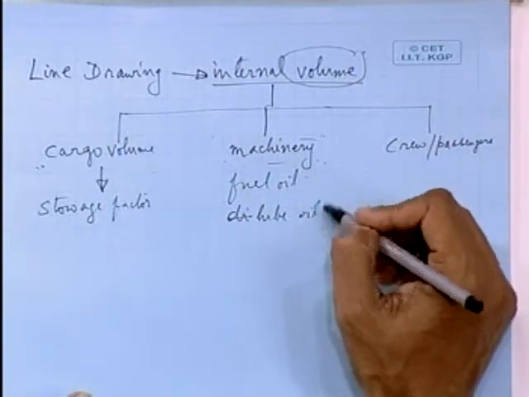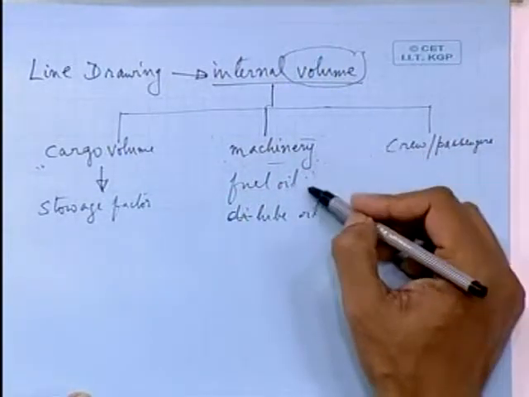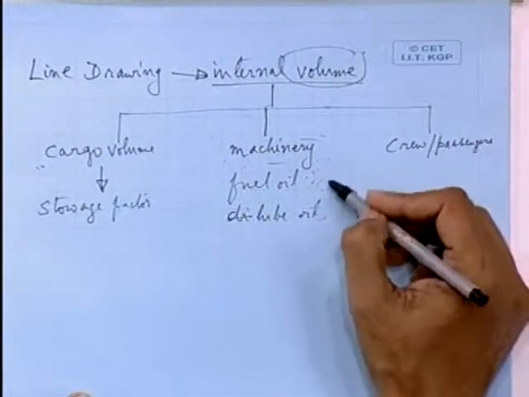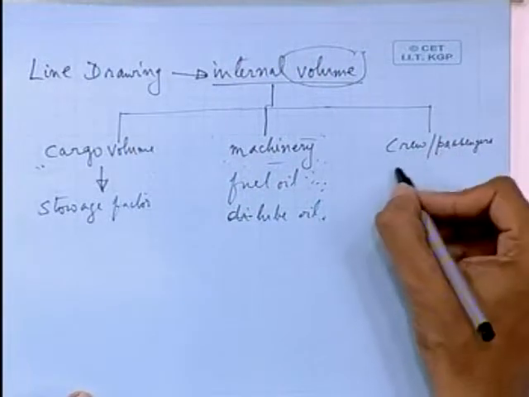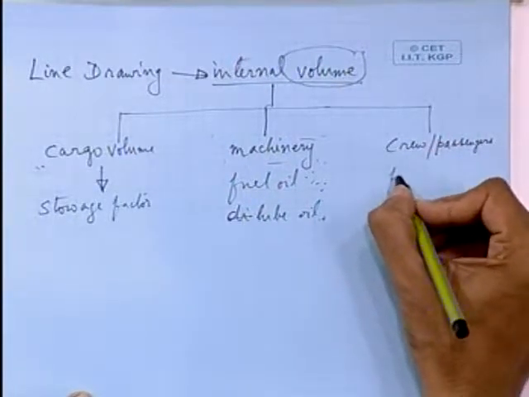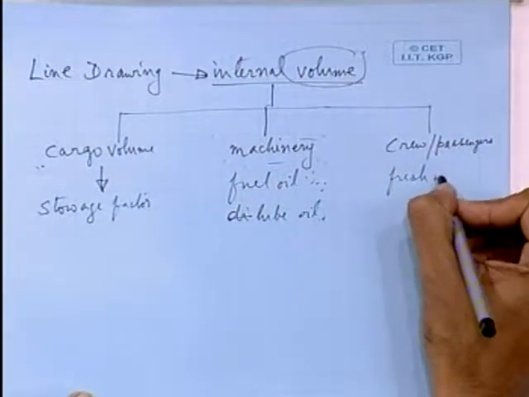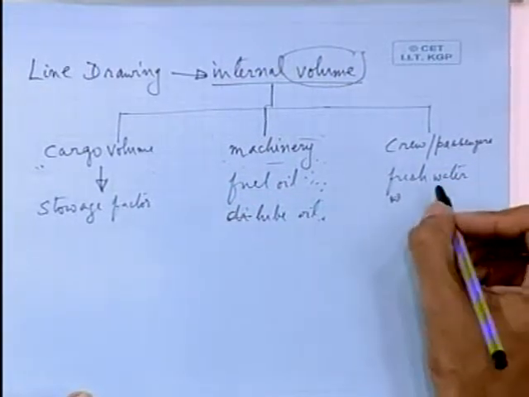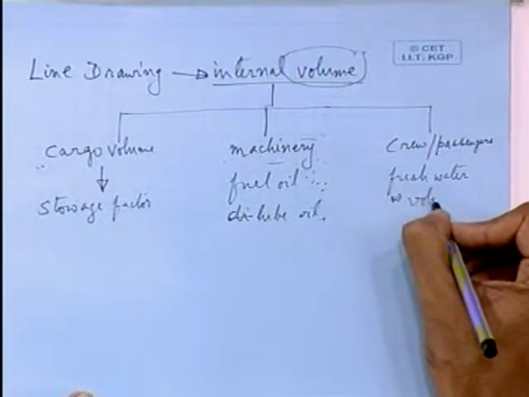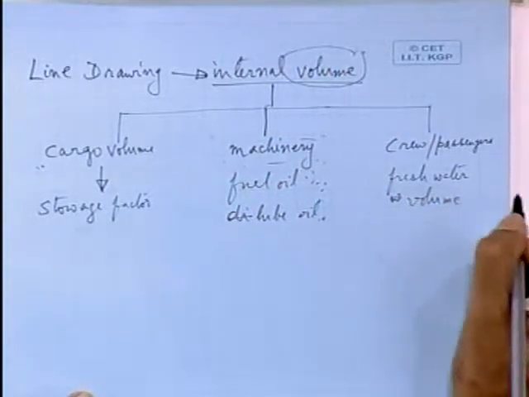Of course, fuel oil and lube oil, once he knows the engine horsepower, he can calculate this, and he can calculate the tankage. And there will also be freshwater tankage, freshwater volume, which is being consumed by the crew. So all this has to be housed, that is the internal volume.